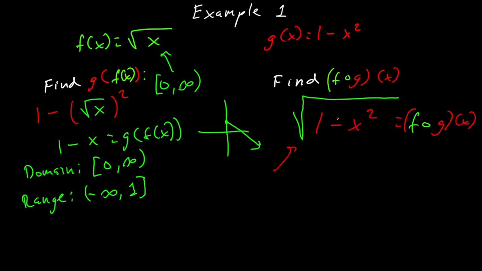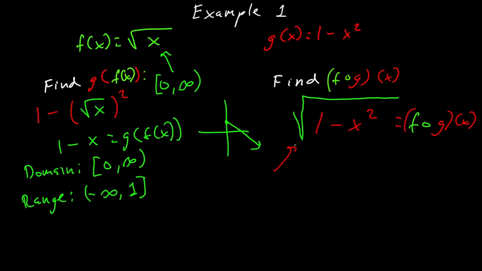So now we see that you can't have numbers less than 0 in this equation, because you can't have this term be less than 0, because then it would be a square root of a negative number, which we know isn't allowed.